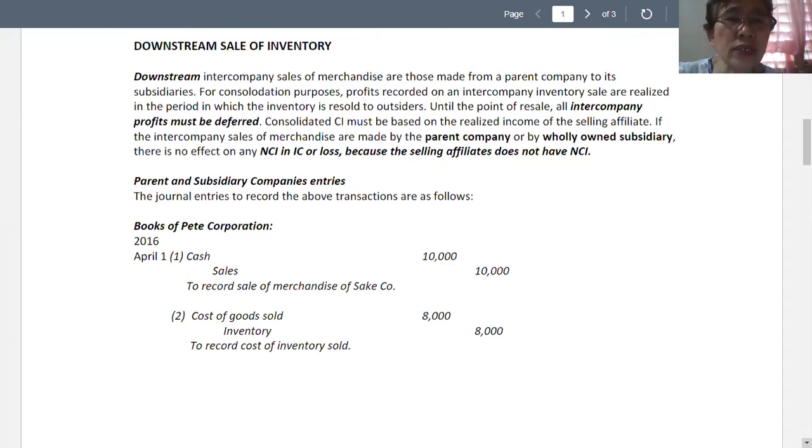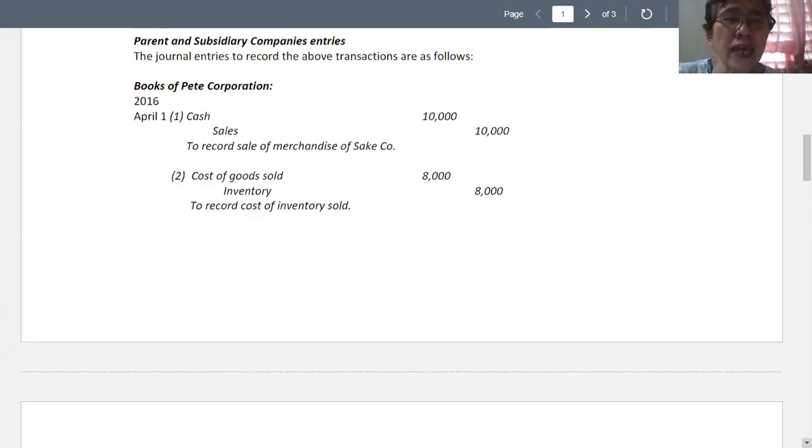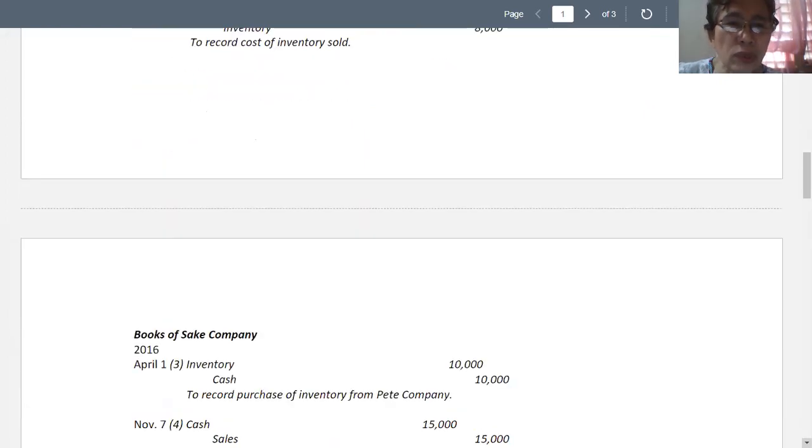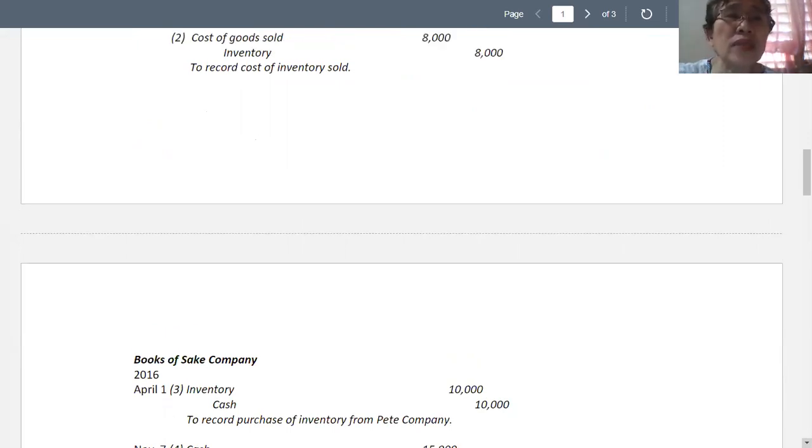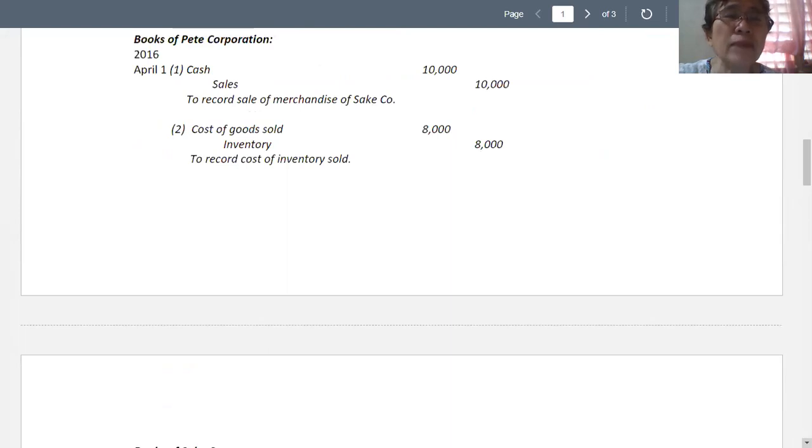Second, we have the entries in the books of SAIC. We debit inventory and credit cash. Take note that we have the entries in the books of Pitt on April 1, debiting cash and crediting sales, debiting cost of goods sold and crediting inventory.